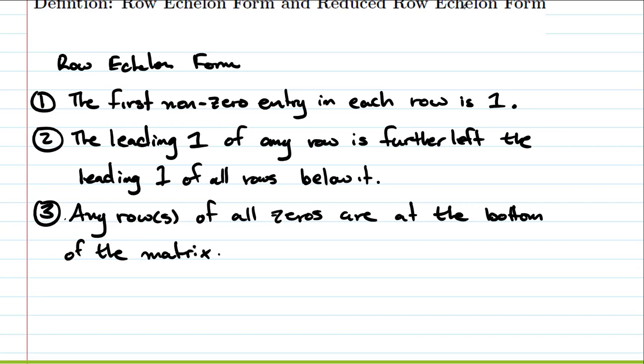So for something to be in row echelon form, it must satisfy these three things. The first non-zero entry in each row is a 1. The leading one of any row is further to the left than the leading one of all rows below it. And any rows of all zeros are at the bottom of the matrix.